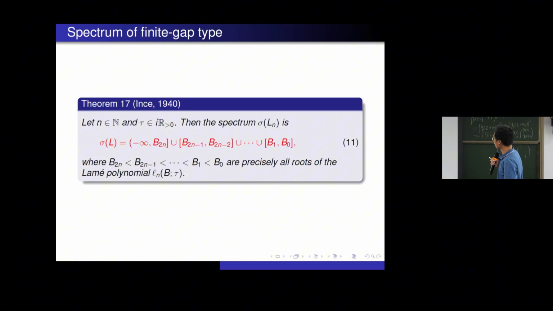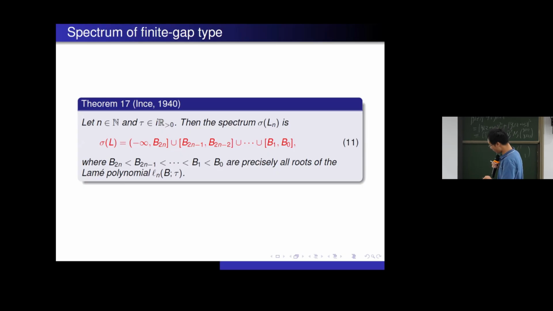When tau is purely imaginary, the spectrum of the Lamé operator, a very long time ago, you already know that the spectrum is of this form, a union of finite closed intervals together with this interval, and the endpoints of these intervals are all the roots of the Lamé polynomial.